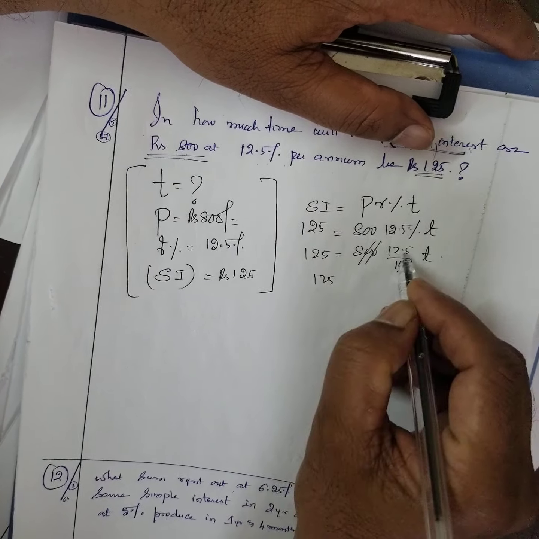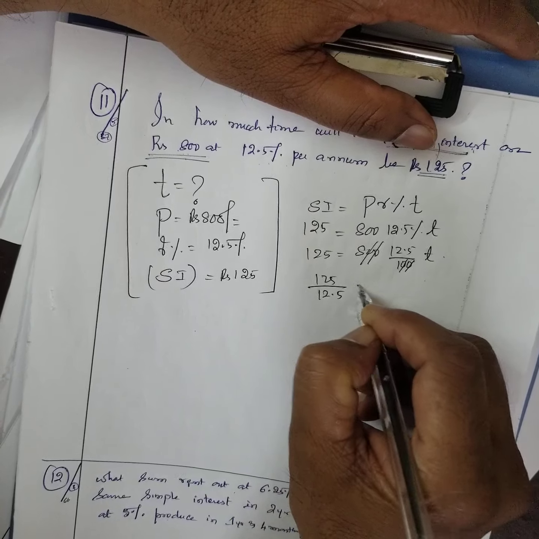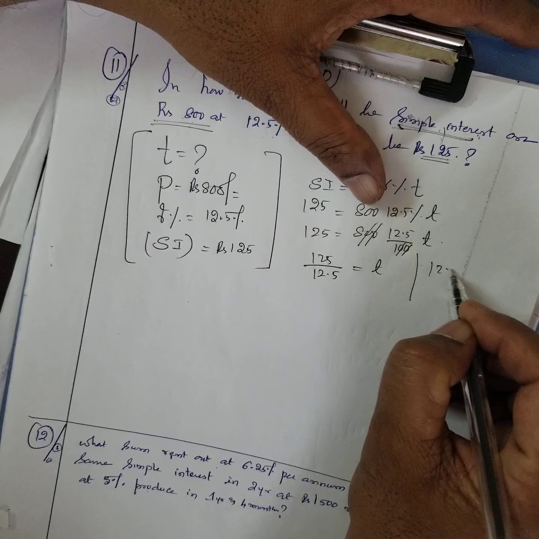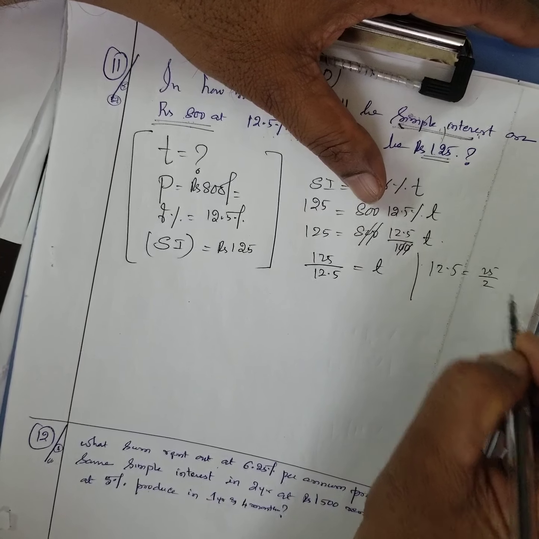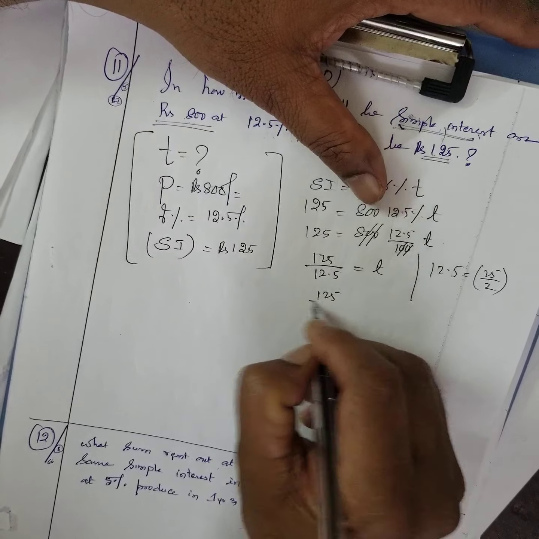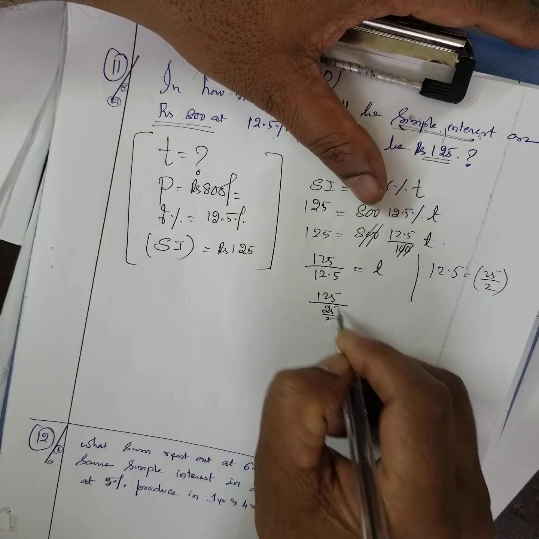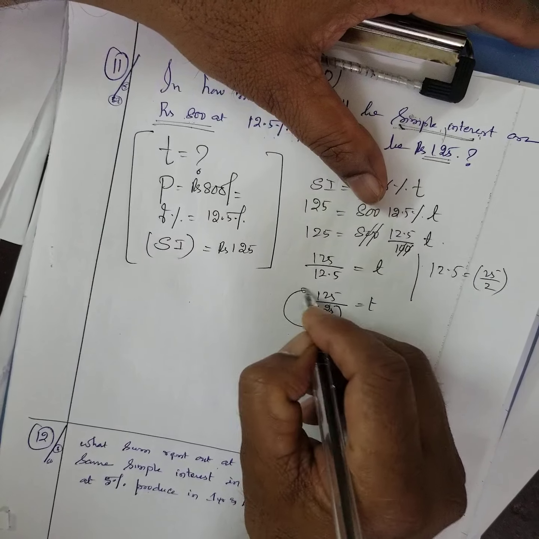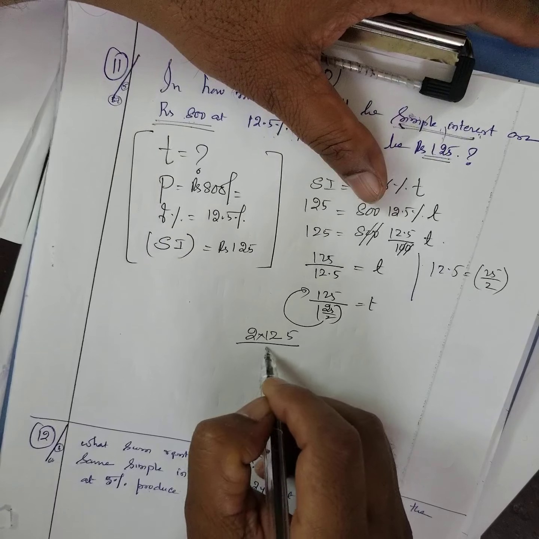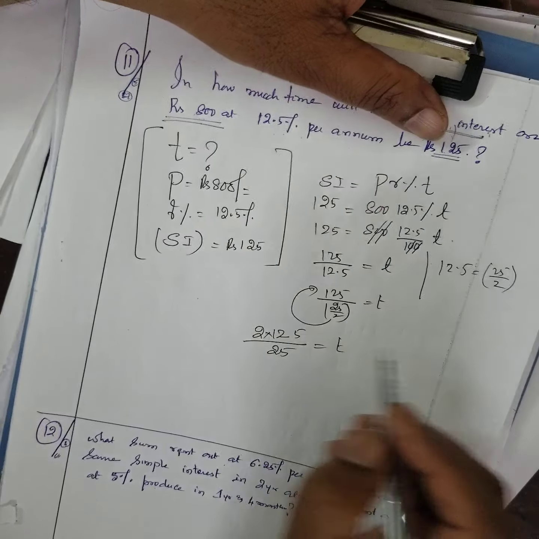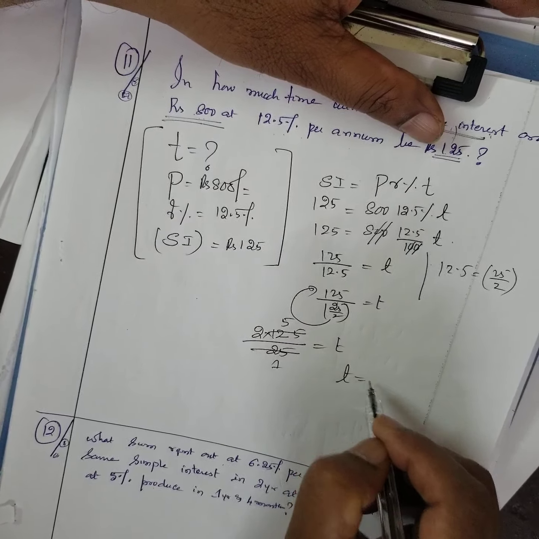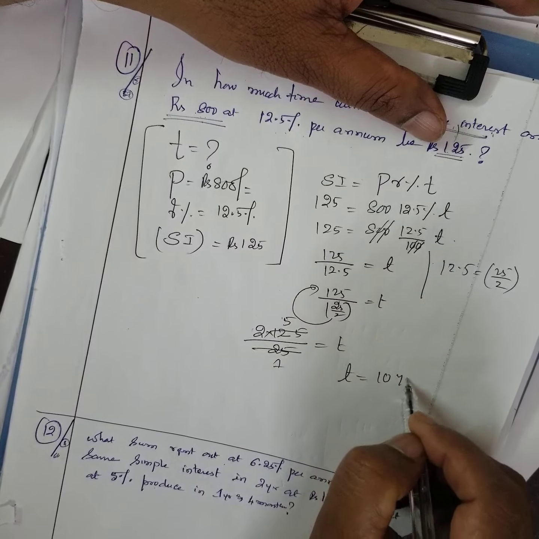Therefore 125 divided by 12.5 equals T. 12.5 is 25 by 2, is it not? Therefore 125 by 25 by 2 equals T. The 2 goes up: 2 into 125 by 25 equals T. 25 one time, 25 five times. Therefore T is equal to 5 twos are 10 years.